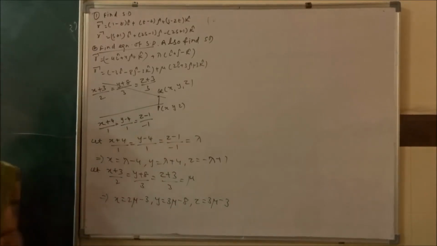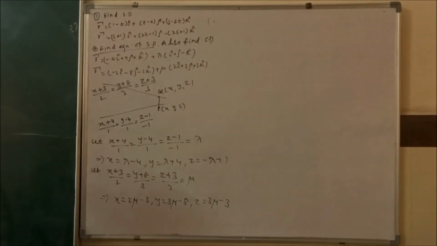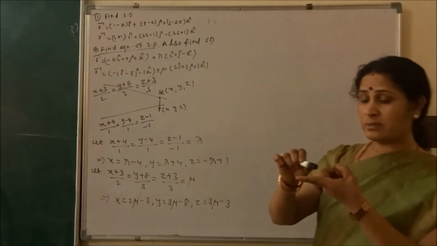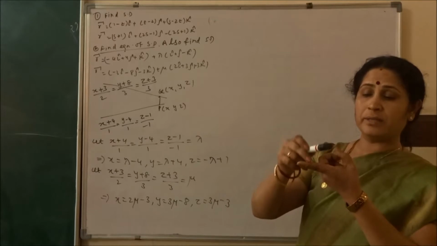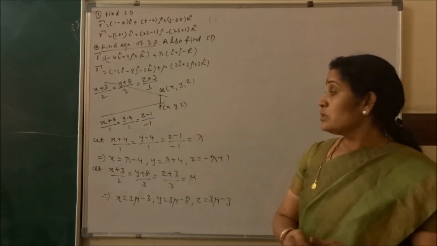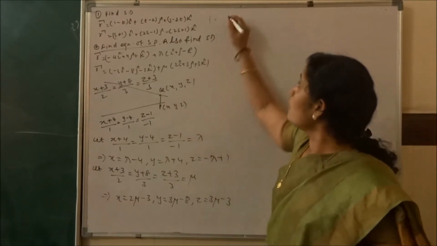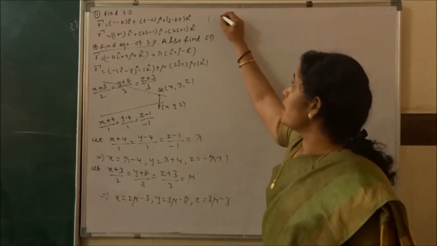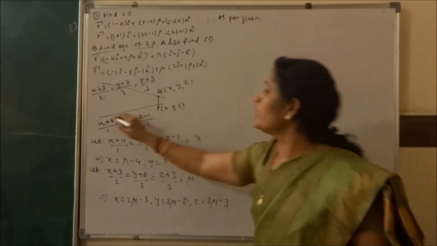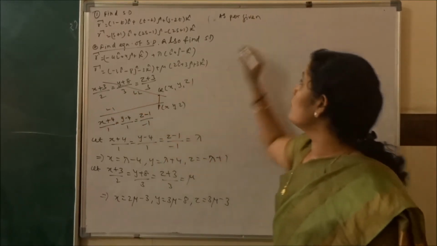Now what I am doing, you know the concept. I am finding the equation of PQ. So what I told you, this is skew lines, and between them we are finding the distance, PQ. So now see, you know one thing. As per given, take this as L1 line and this as L2 line.